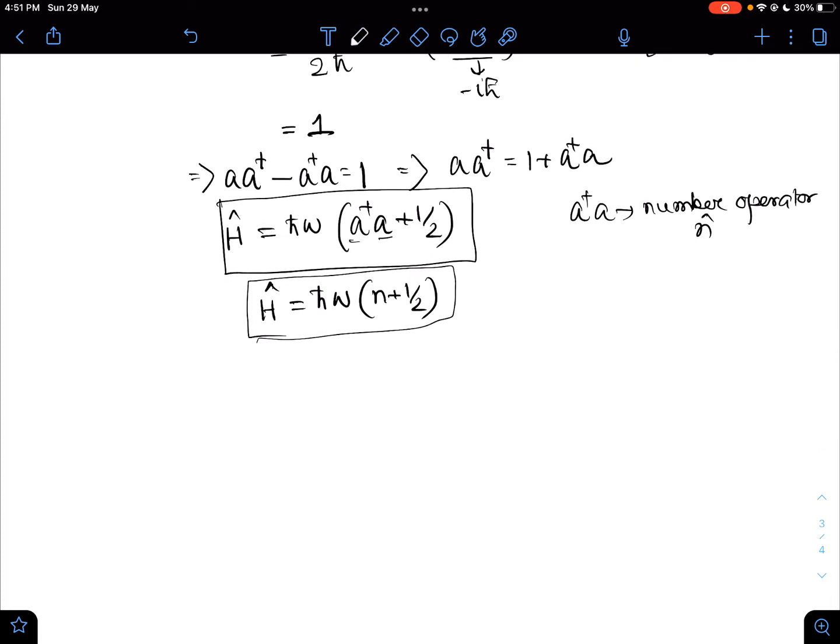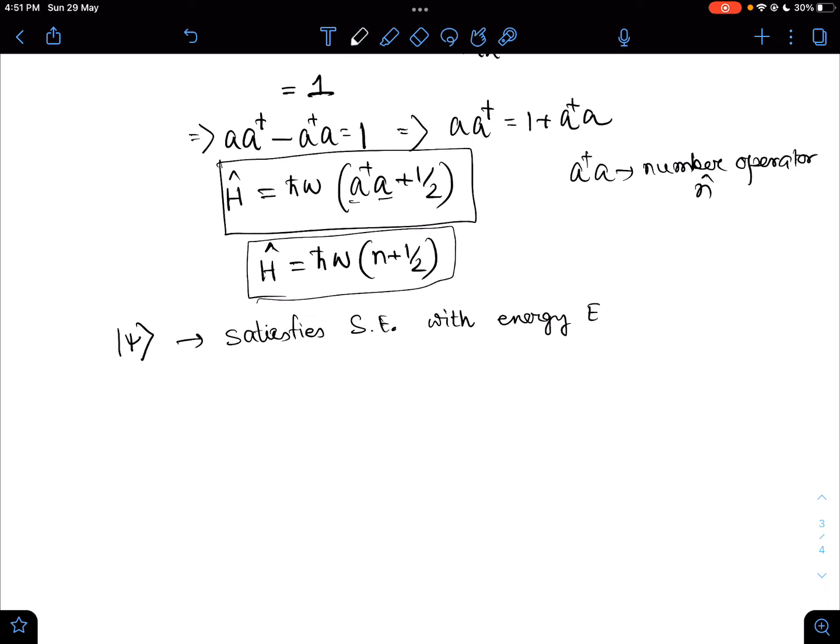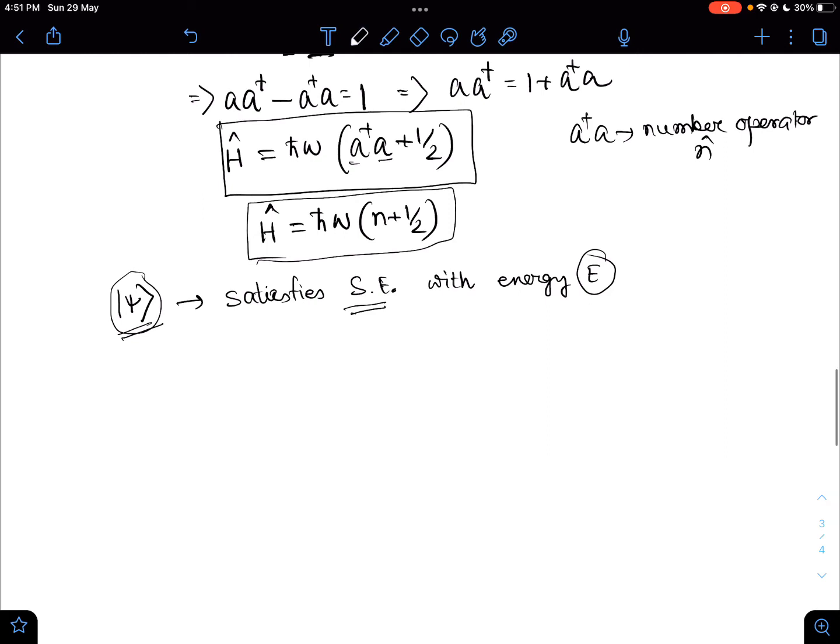Suppose our wave function is psi and it satisfies the Schrodinger equation with energy E. We are assuming that we have a wave function which satisfies the Schrödinger equation, and the energy eigenvalue for this state is E. So that means if we act the Hamiltonian on state psi, it will give us E psi.